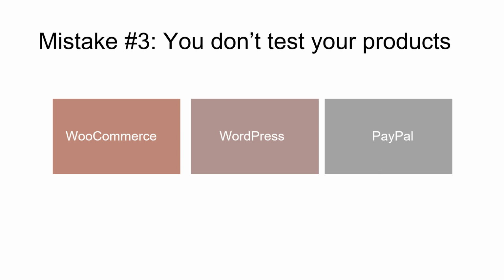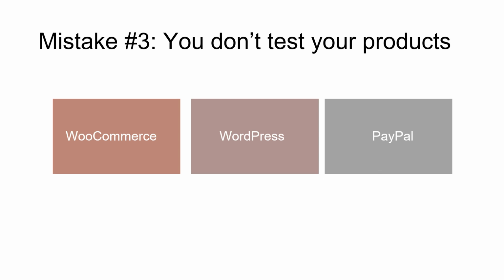The third mistake that I see business owners making while they're working with WooCommerce is that they're simply not testing their products. So whenever you are creating a new product, I recommend testing it. You'll add it to WooCommerce first. You'll make sure that your email address is working and lined up with WordPress so that you'll see those confirmations coming through.